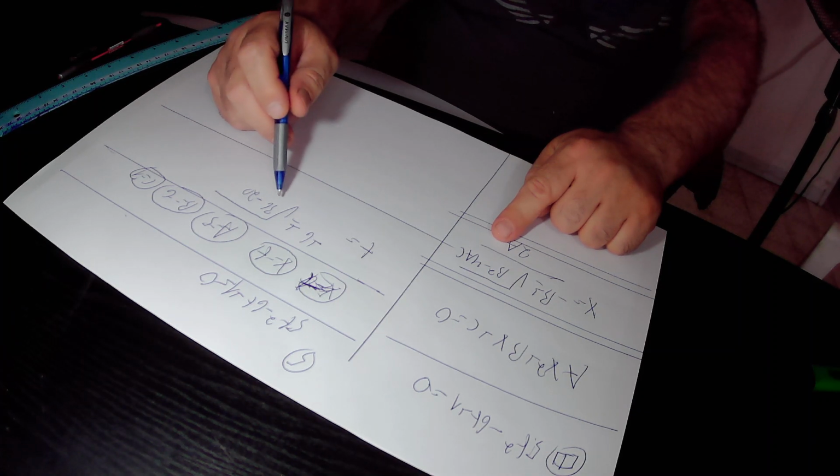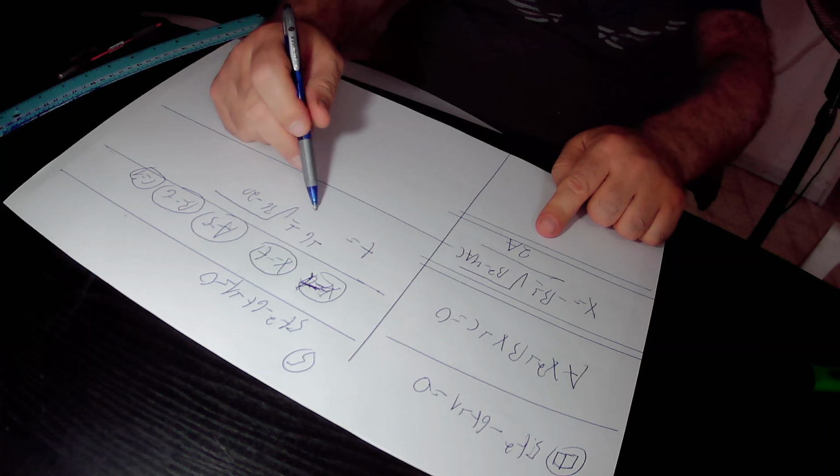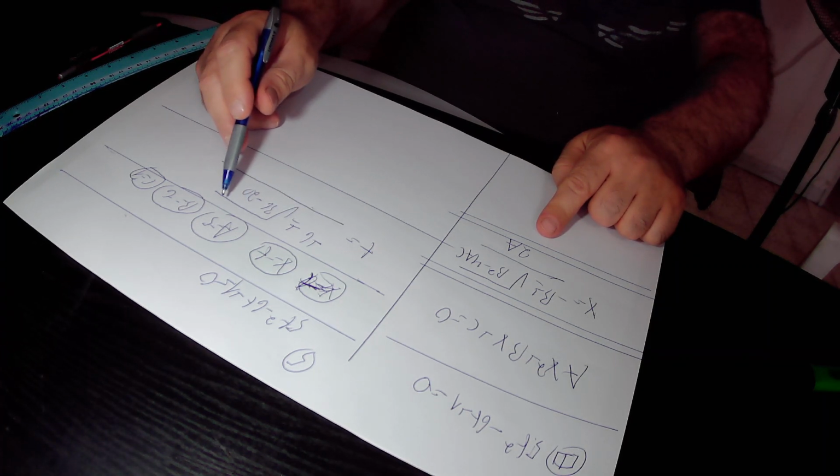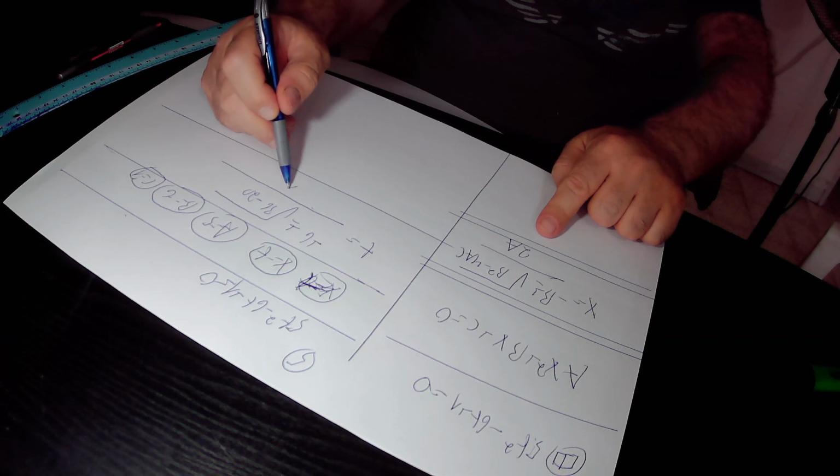So inside the root we have 36 minus 20 divided by 2a. a is 5, so 2 times a is 2 times 5, that is 10.